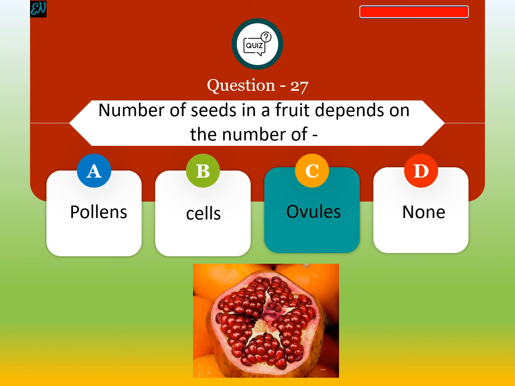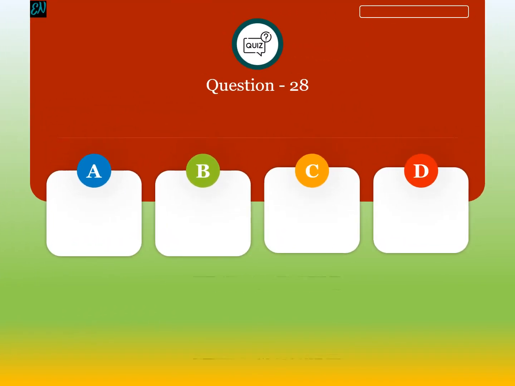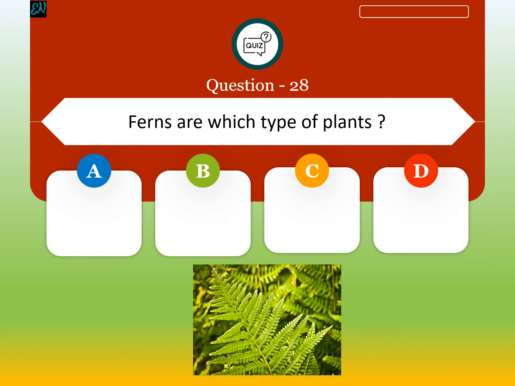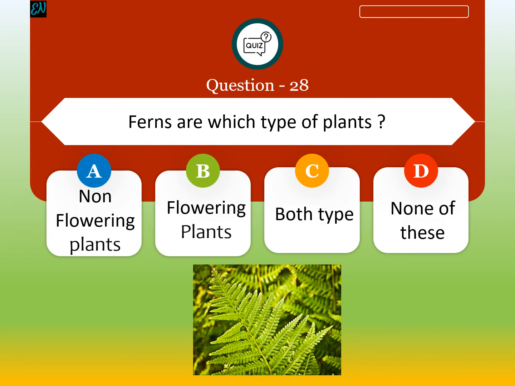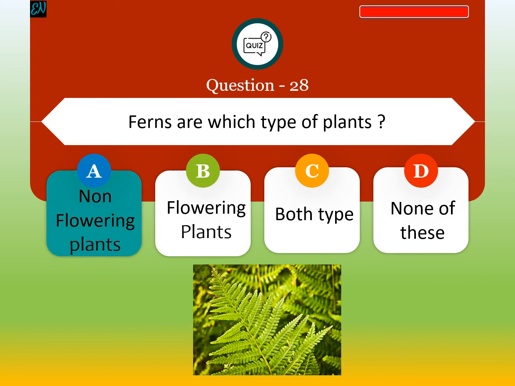Yes, it depends on the number of ovules. Question number 28. Ferns are which type of plants? Non-flowering plants, flowering plants, both type, or none of these? So ferns are non-flowering plants.